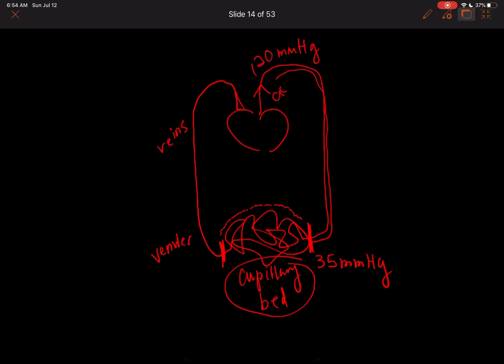Okay, so let me label this as aorta, and then arteries as well, and then arterioles. By the time you get to here, it gets down to about 18 mmHg, and then it pretty much stays the same all the way back to the heart as well.